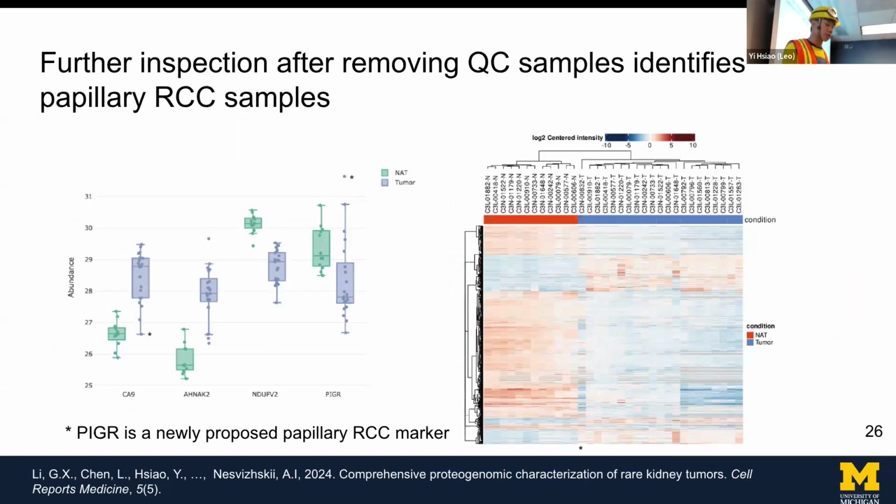For further investigation, one particular example we can demonstrate is in this kidney cancer cohort. We accidentally collected some kidney cancers that were not clear cell, but another subtype.